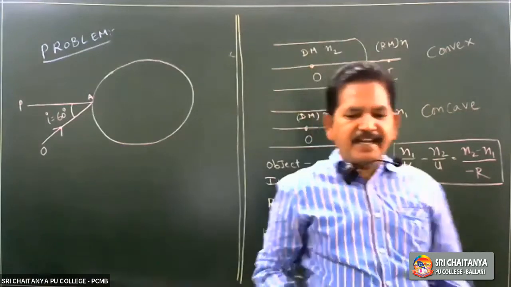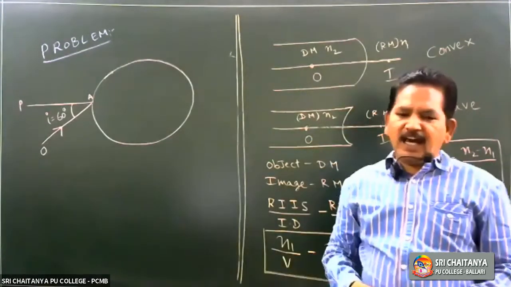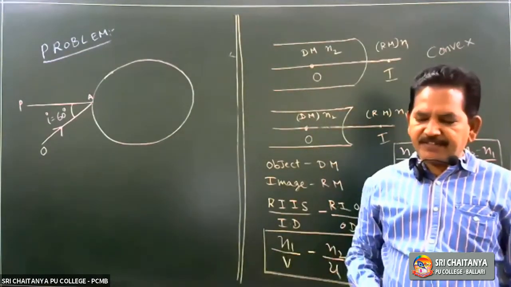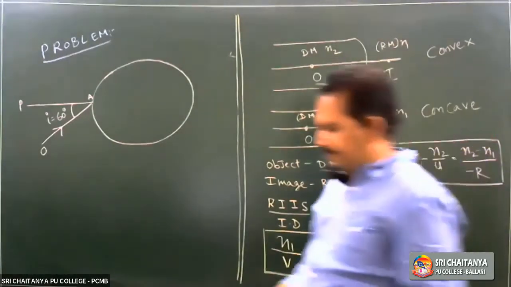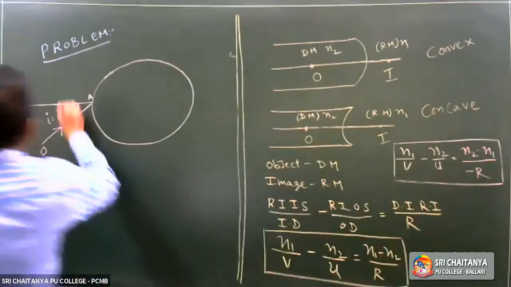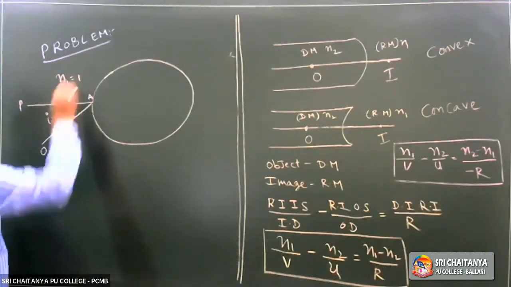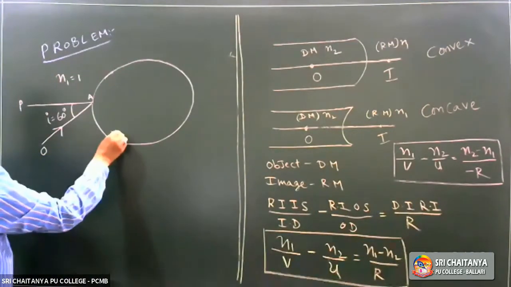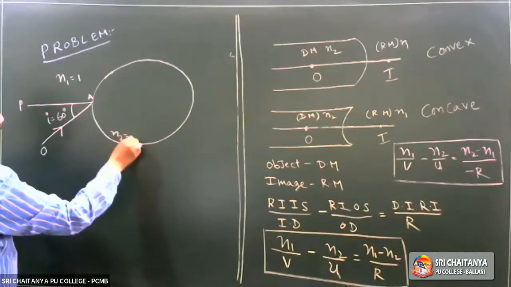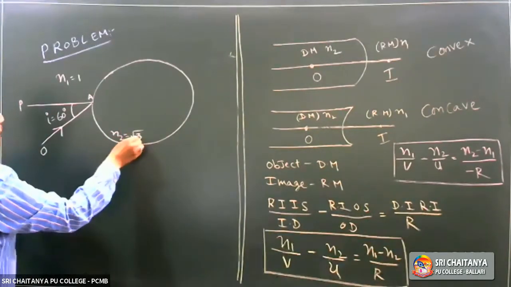OA is the incident ray. The angle of incidence 60 degrees. Rarer medium is the air, refractive index 1. This is made of another medium of refractive index √3.